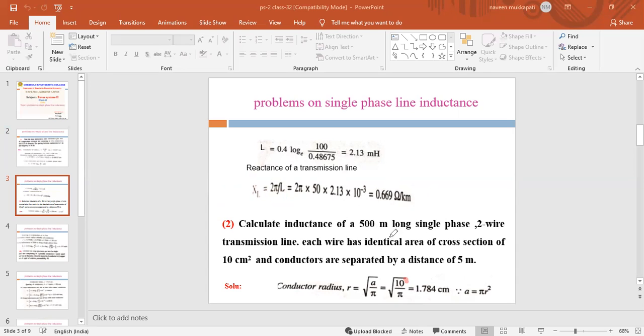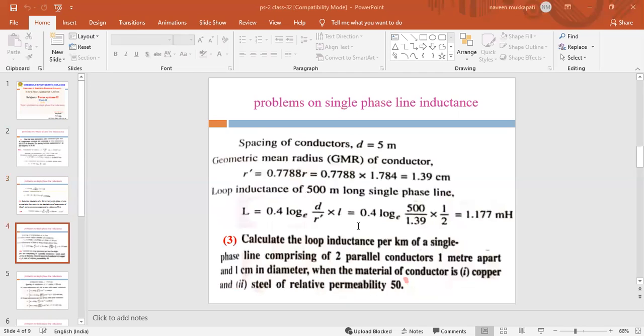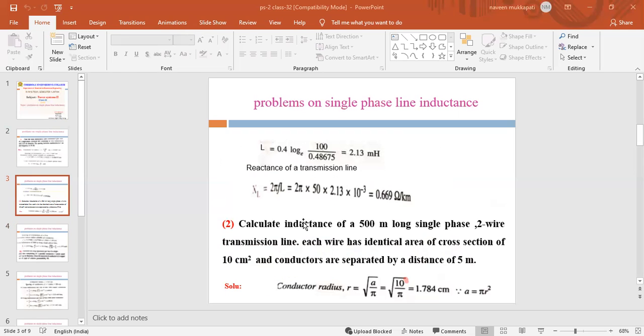Each wire has an identical cross-sectional area, which is given here as 10 centimeter square. The conductors are separated by a distance of 5 meters.